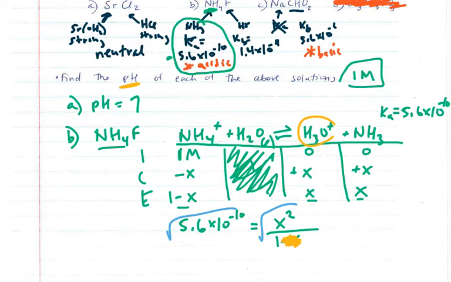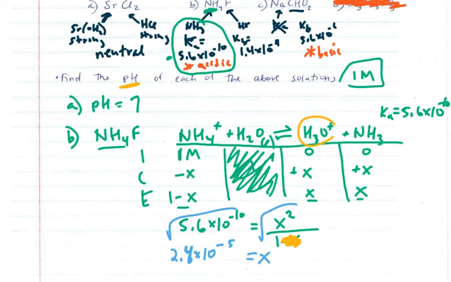5.6 EE negative 10. The square root of that is x equals 2.4 times 10 to the negative 5.